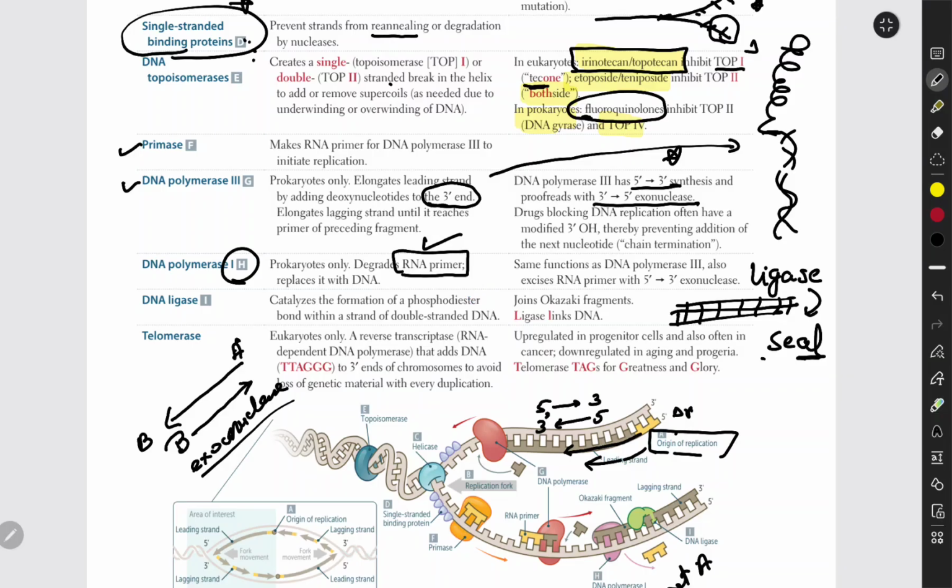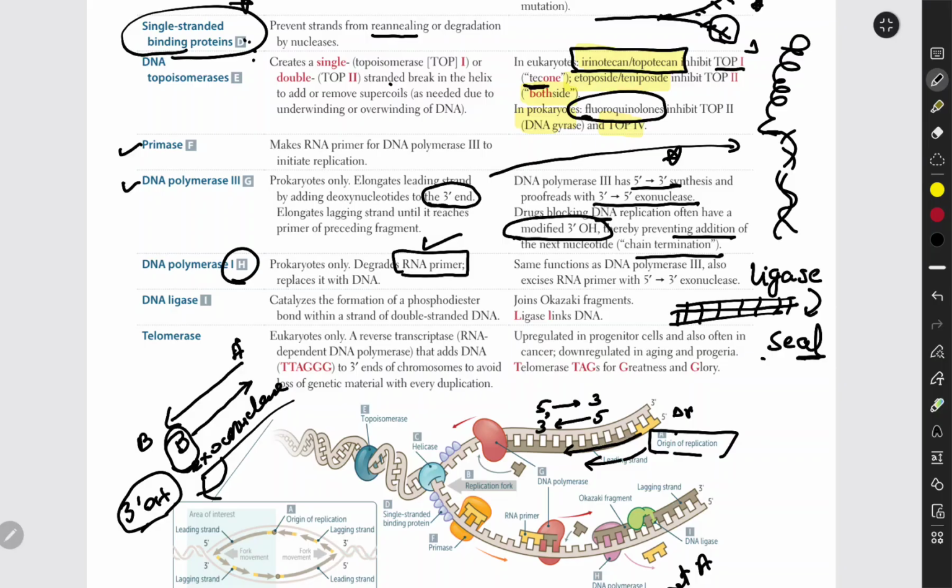This way, if the drugs are blocking DNA replication, they have a modified 3' end. So when the exonuclease is reading, if there is a modified 3' end, it is unable to read, as well as there is prevention of addition of the next nucleotide, which is called chain termination.